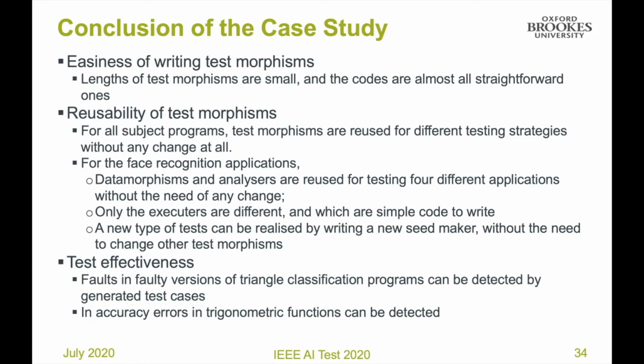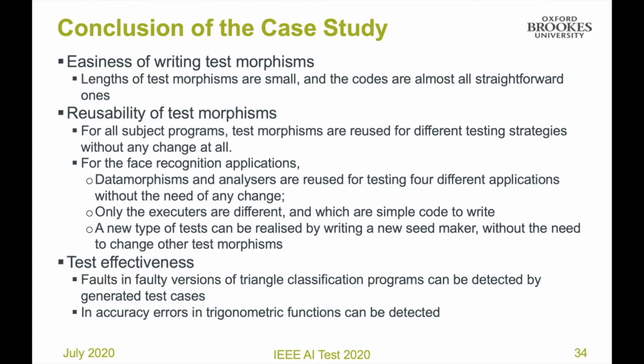The test morphisms are very reusable as well. For all subject programs, test morphisms are reused for different testing strategies without any change. For face recognition applications, for example, data morphisms and analyzers are reused for testing four different applications, although they have different formats of input and output. We do not need to make changes for the data morphisms and analyzers.